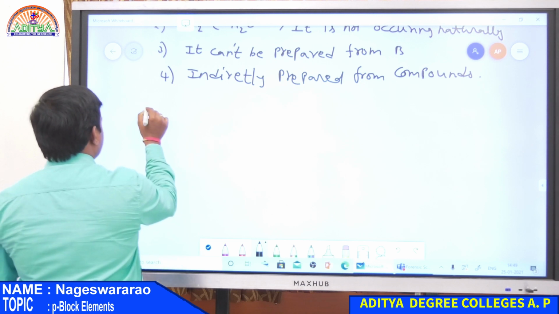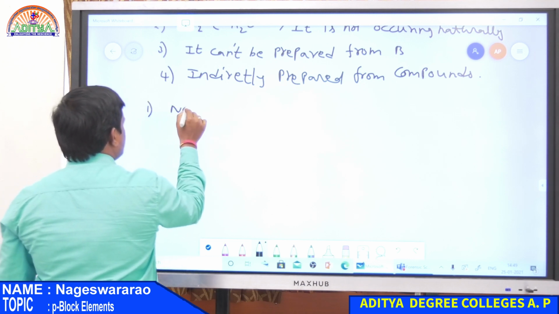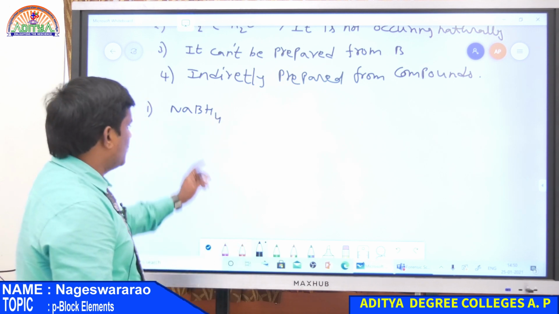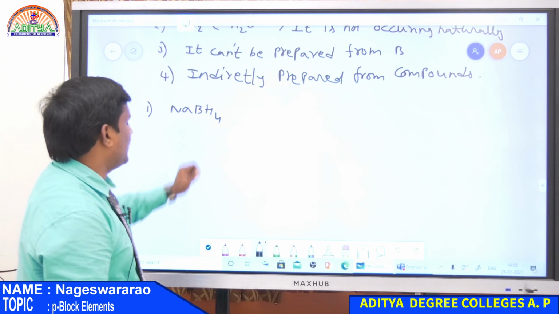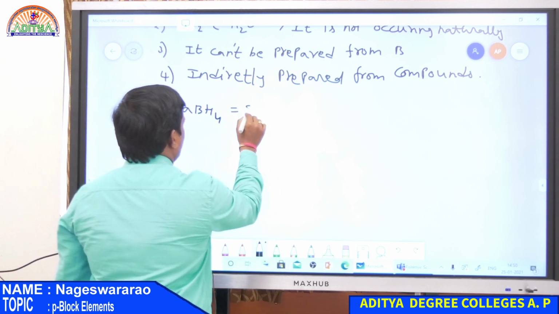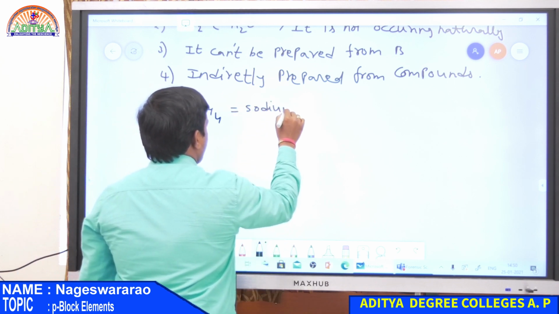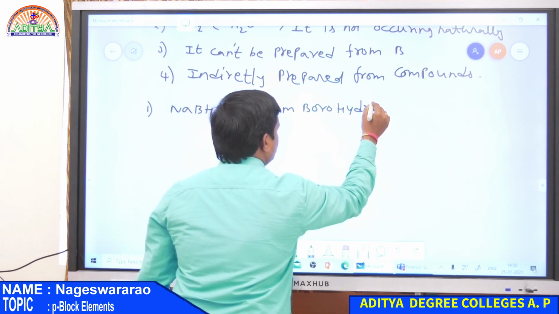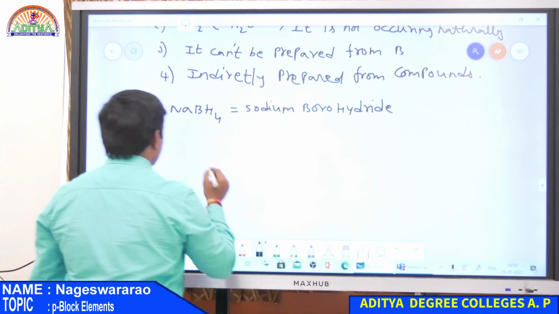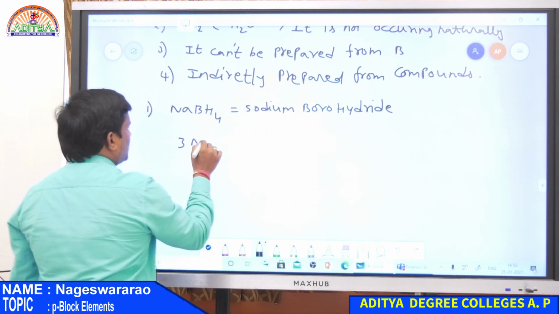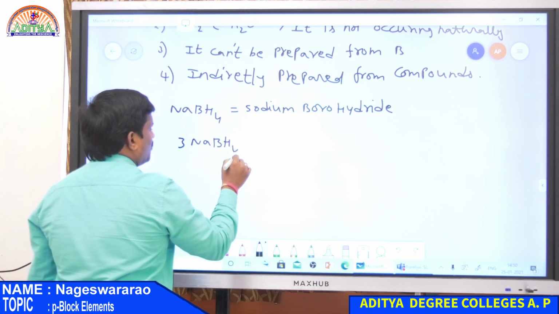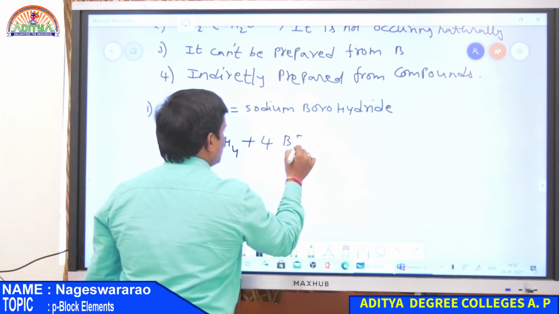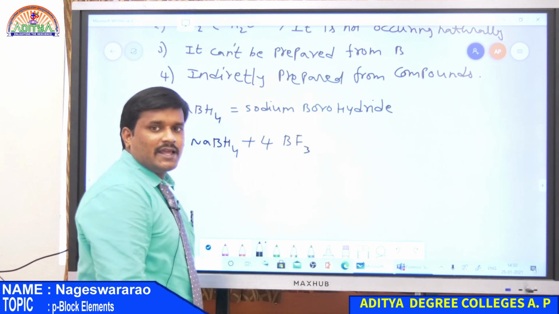First one is from NaBH4, sodium borohydride. So from sodium borohydride diborane is prepared. So 3 moles of sodium borohydride is reacted with 4 moles of BF3, that is boron trifluoride.